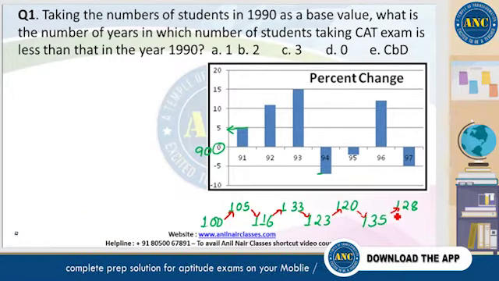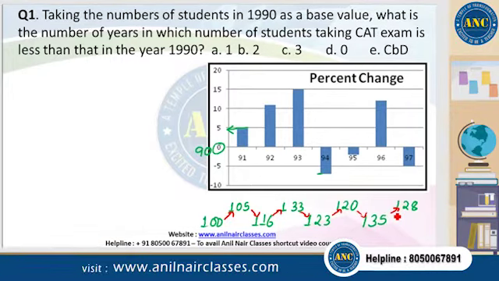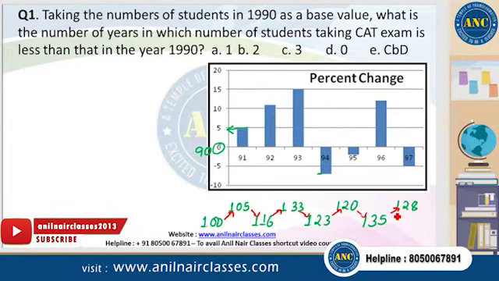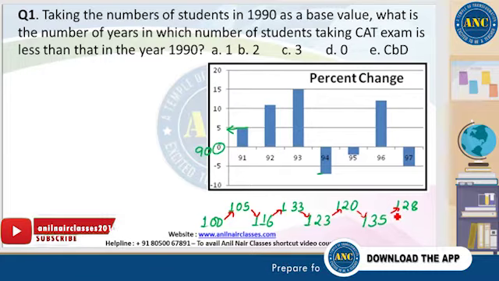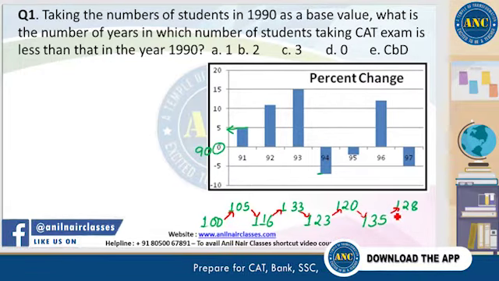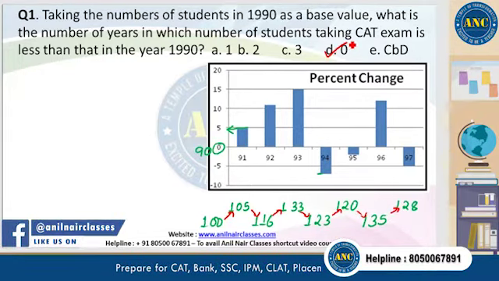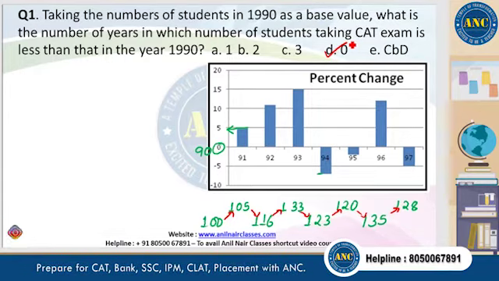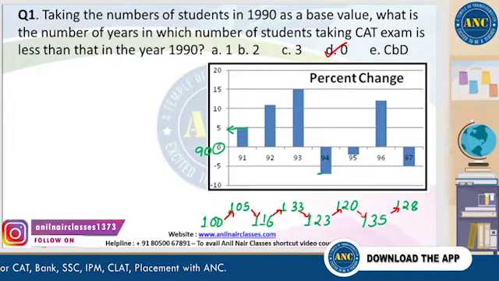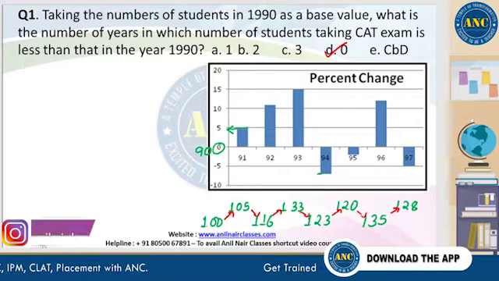So what is the question? Taking the number of students in 1990 as the base value, what is the number of years in which the number of students taking CAT exam is less than that in the year 1990, right? That's zero. That's straightforward. There's no year in which it is less than 1990.